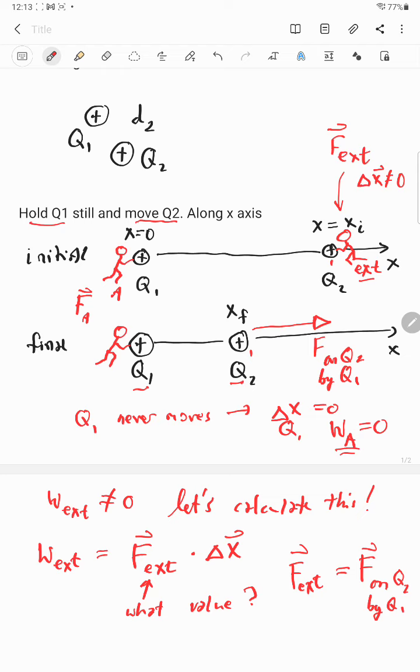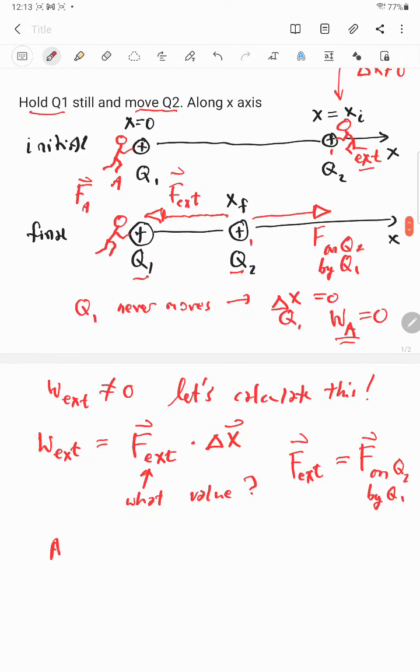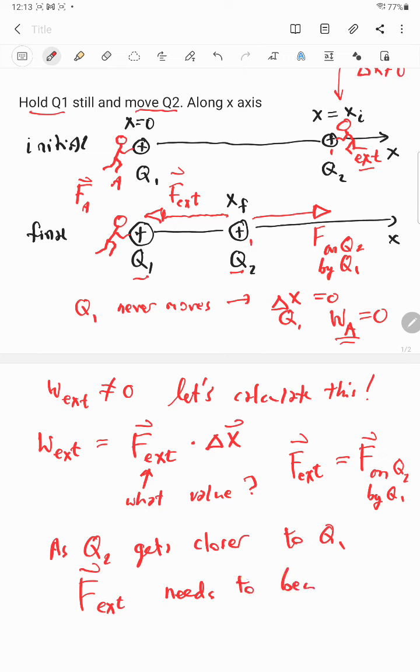But the external agent needs to push inwards, right? So this is the force by the external agent. And you can see that as Q2 gets closer to Q1, F external needs to become stronger, right?